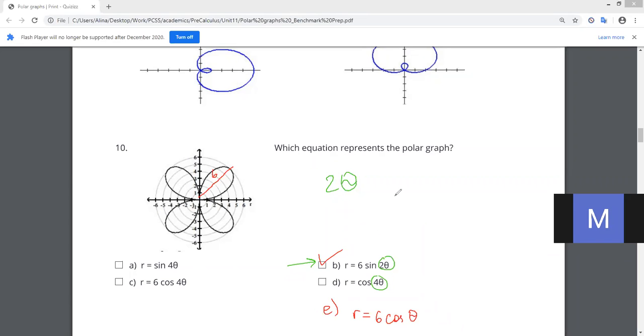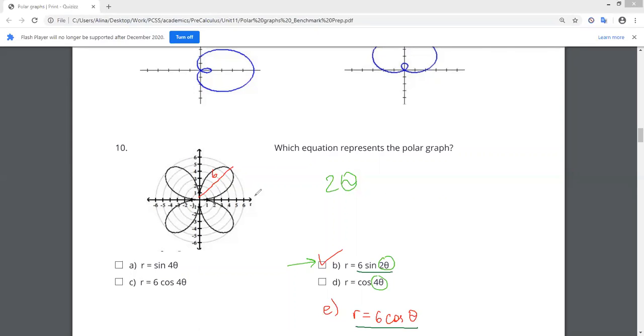Can anyone tell me the difference between sine and cosine? For example, my answer choices are 6 sine theta, and what if the other answer choice would be 6 cosine theta? How would you differentiate them? They will both produce this clover with 4 leaves. What's the difference between them?